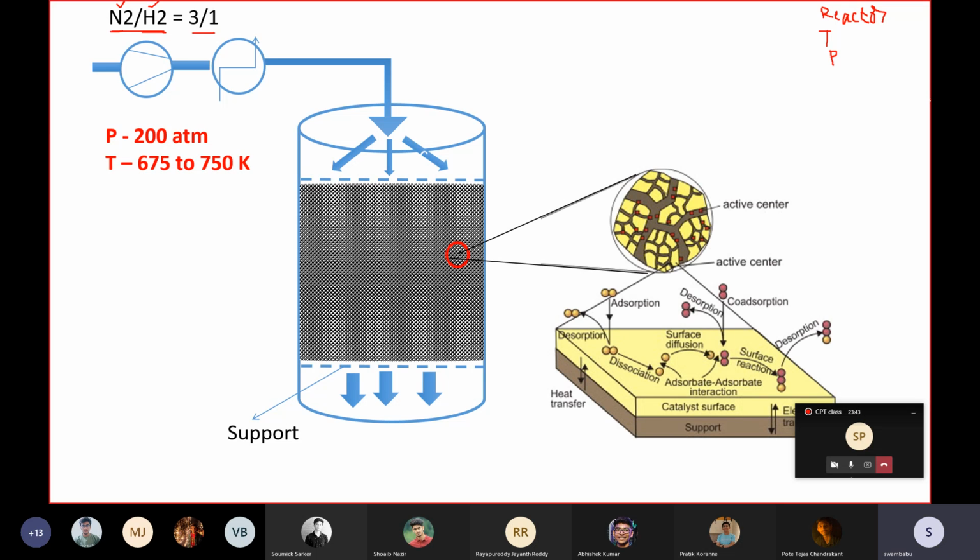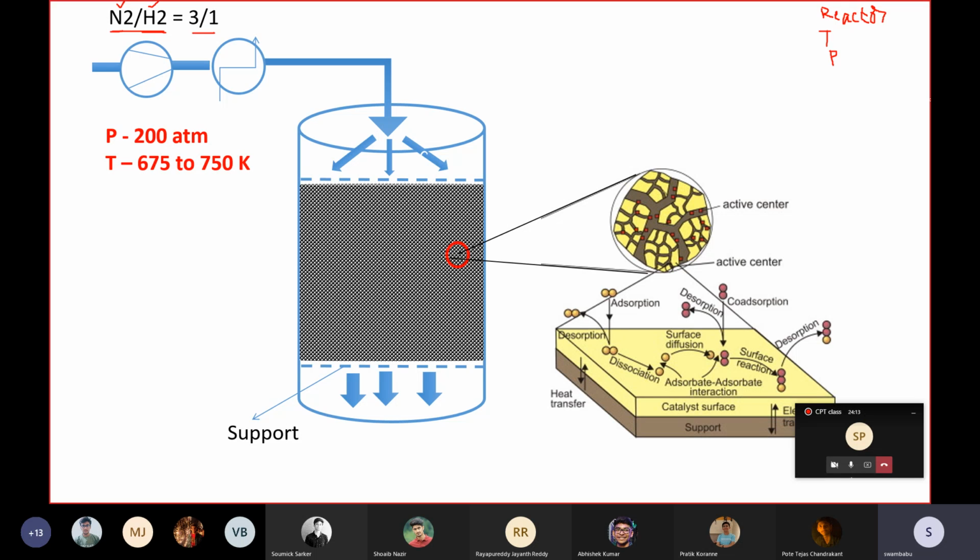In any heterogeneous catalytic reaction, the reaction takes place on the surface of the catalyst. The catalysts are often porous. On the porous surface, we will have the active sites or active centers.